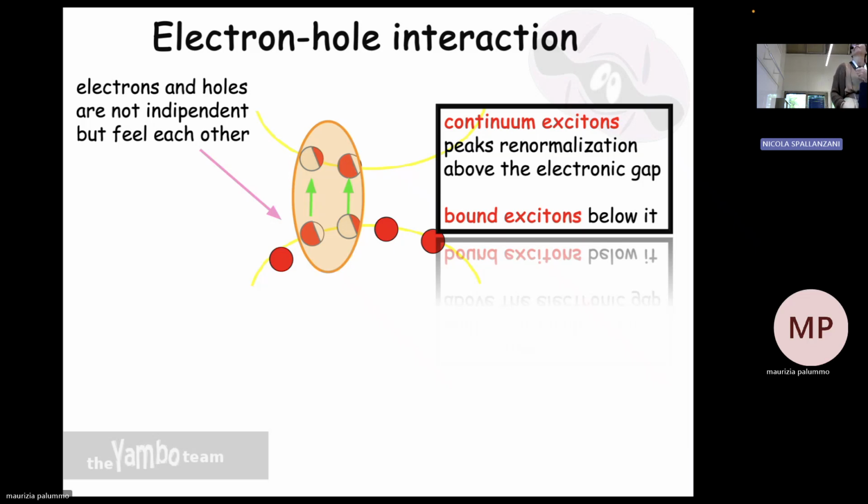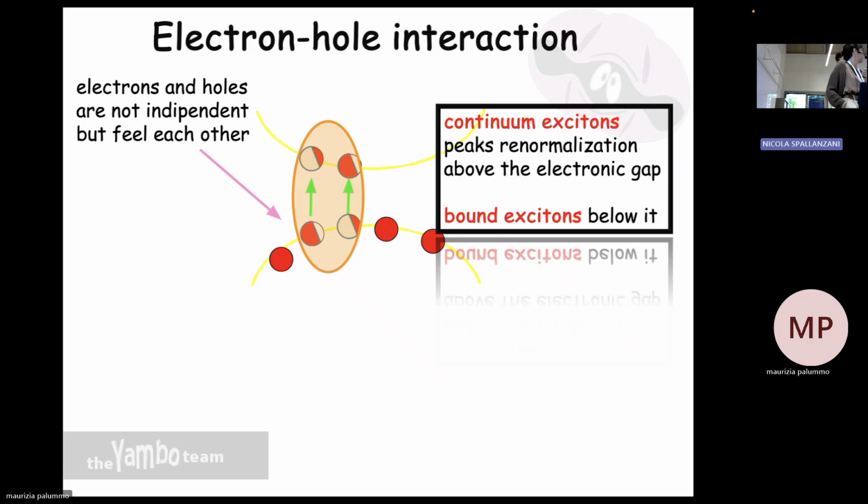And so the physical effect is that, as you will see, you create two different phenomena. One is a renormalization of the intensity of the peak with respect to independent particles. This is what we call continuum resonance, continuum exciton, whatever it is.